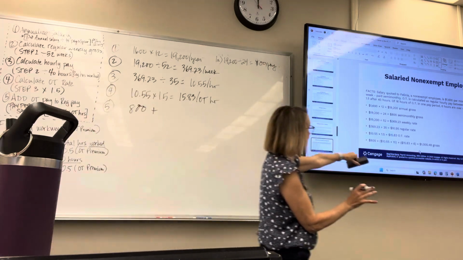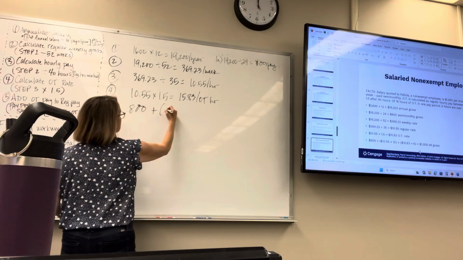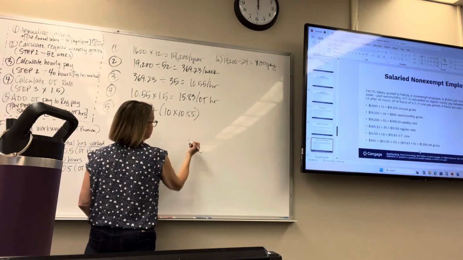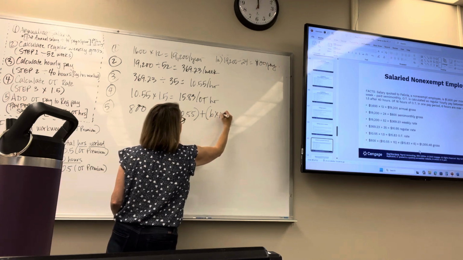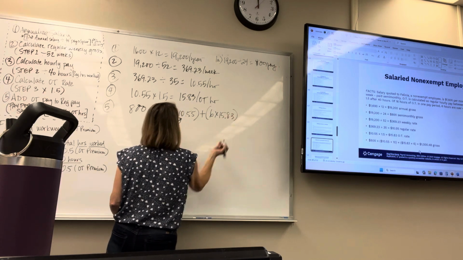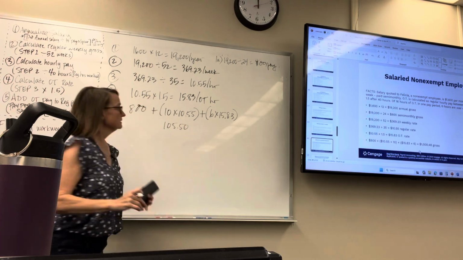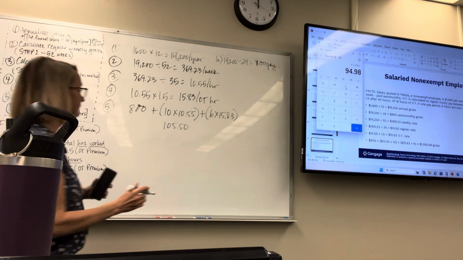She's got 1 category of hours that's being paid at the regular rate: 10 of those hours at 10.55, and 6 hours times 15.83. So 105.50, and 6 times 15.83 is 94.98.